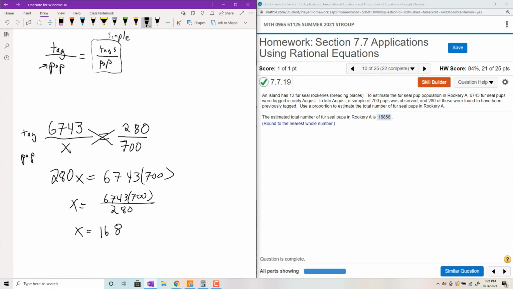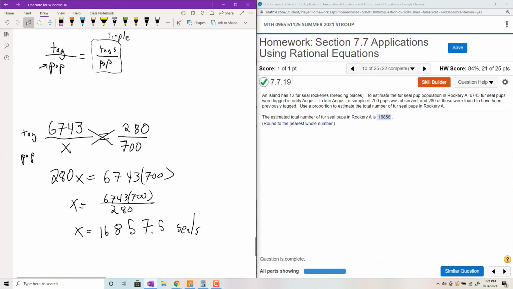Oh, I got it. 16857.5, and then if you round, it's 16,858 seals. They want you to round to the nearest whole number. Hopefully that is clear.